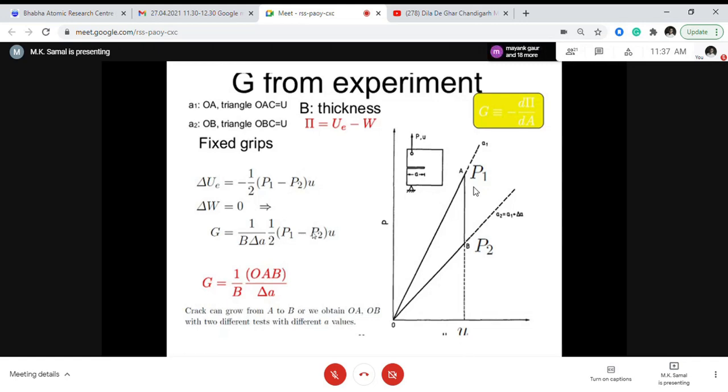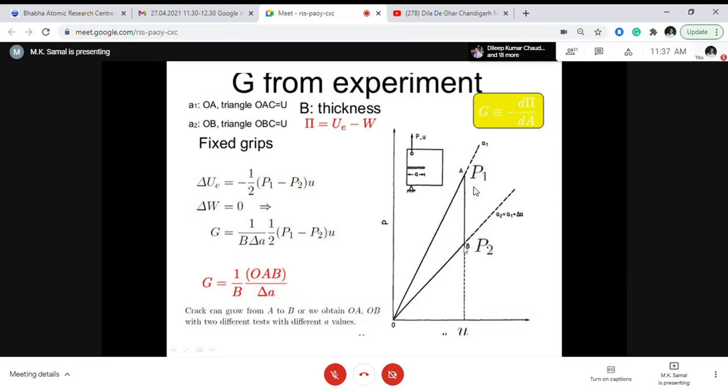Yesterday I told you, suppose this is a specimen with some crack length A, and I am pulling it and fixing a certain displacement U. This is the load displacement curve, for a linearly elastic material. Then at fixed U, let us say the crack propagates, so the load drops.